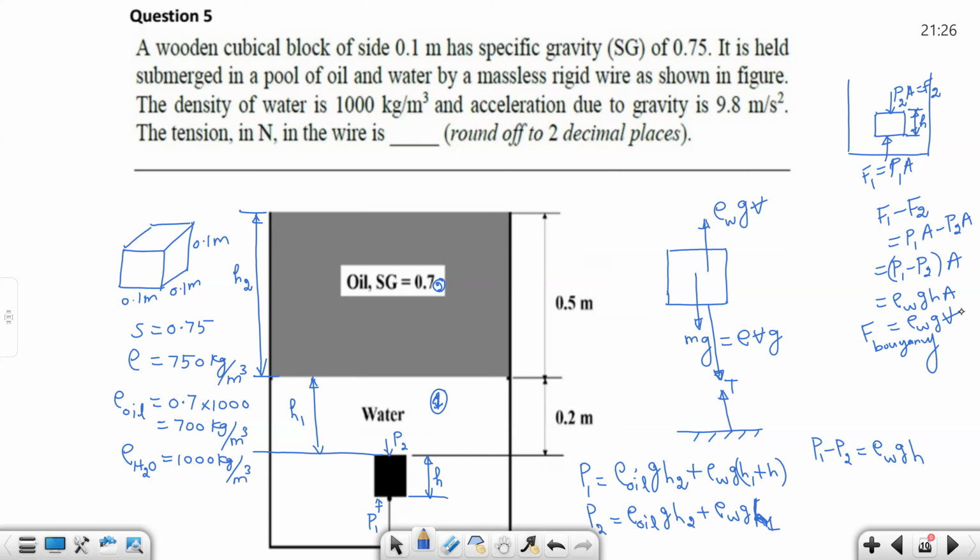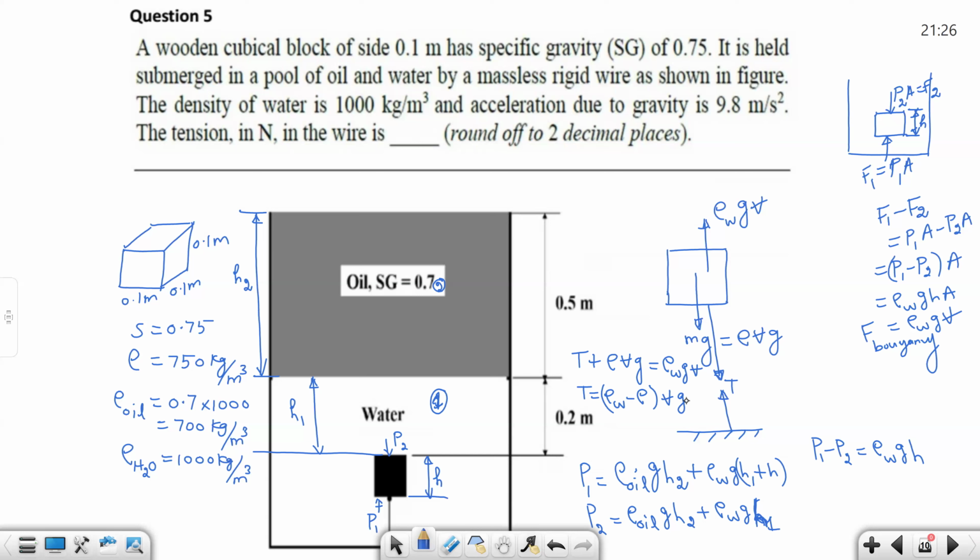From this free body diagram, you can understand that the tension plus density times V into g is equal to density of water g into V. So the tension will be equal to (density of water minus density of the object) into V into g.